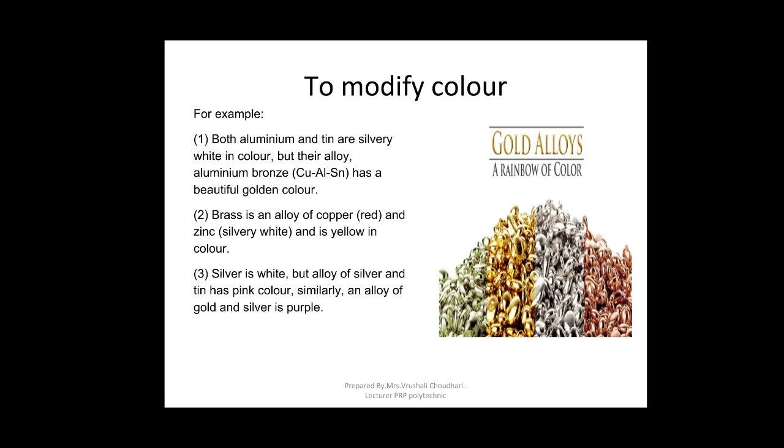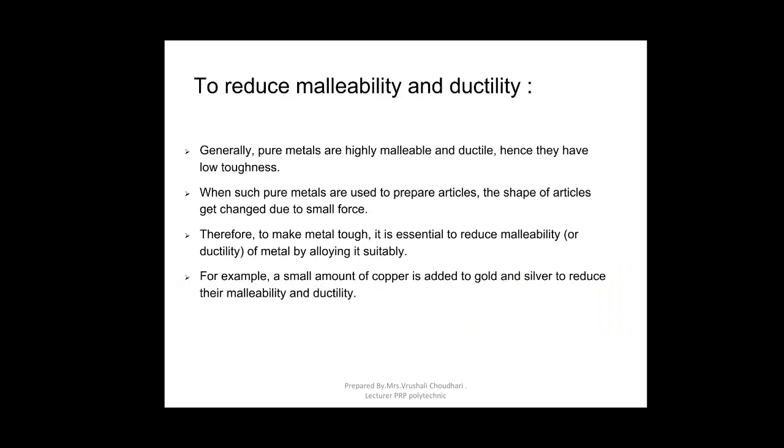Both aluminum and tin are silvery white, but their alloy, aluminum bronze, copper, aluminum and tin, has a beautiful golden color. Brass is the alloy of copper, which is red, and zinc, which is white, and brass has a yellow color. Silver is white, but an alloy of silver and tin gives a pink color, while an alloy of gold and silver gives a purple color.